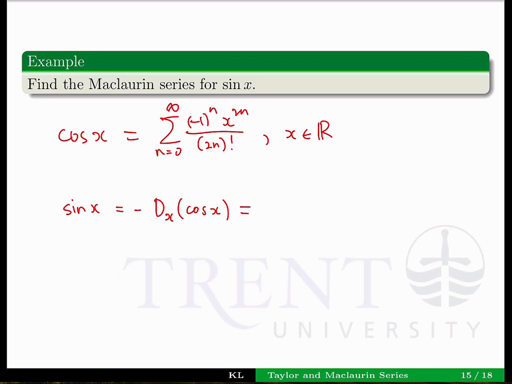So if we do that, we will have negative derivative of the sum from 0 to plus infinity of negative 1 to the n x to the 2n over 2n factorial.